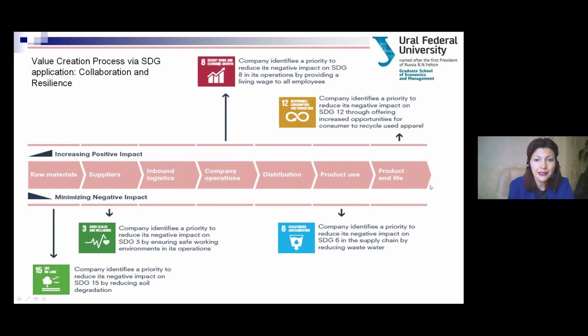And product end life. Interestingly, not many companies care about SDG 12. And responsible consumption with the trend of overconsumption is a very serious problem. But this is just an example how a company can start creating value within the global value chain.